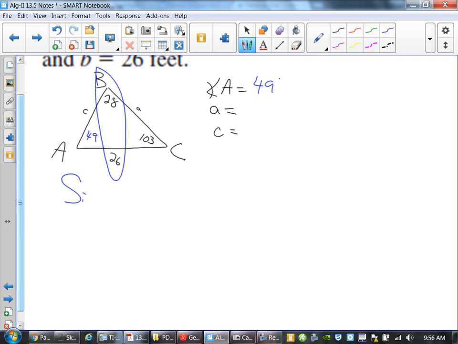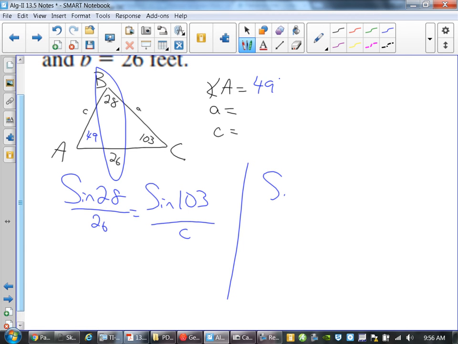Sine of 28 is to 26 as the sine of 103 is to little c. The other one would be sine of 28 is to 26 as the sine of 49 is to little a. So now you have cross multiplying and solving.